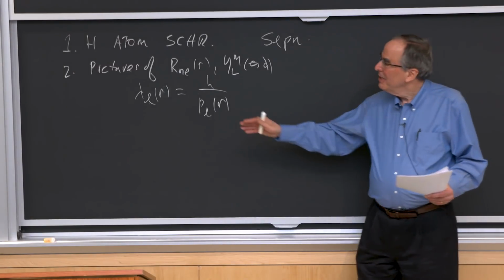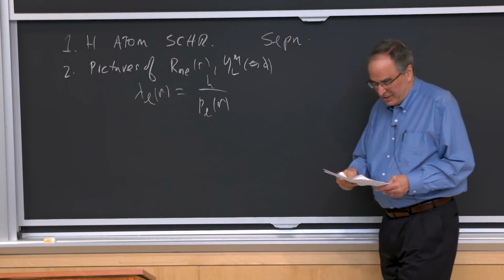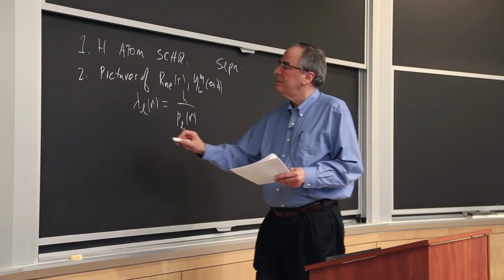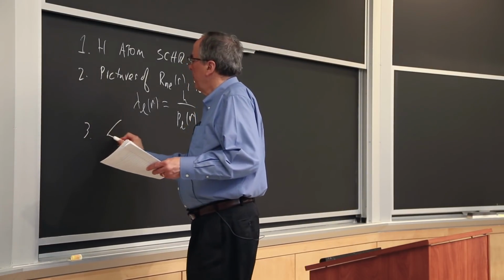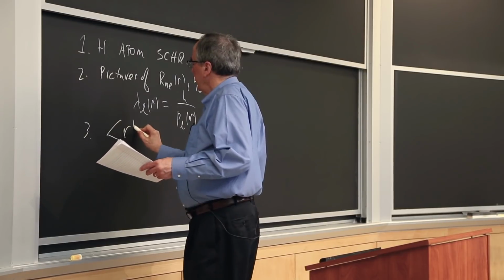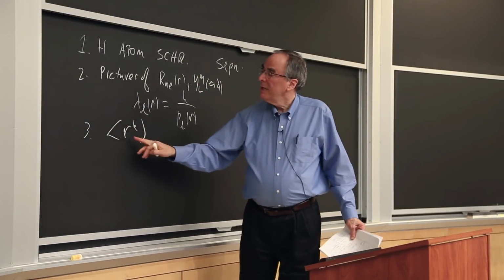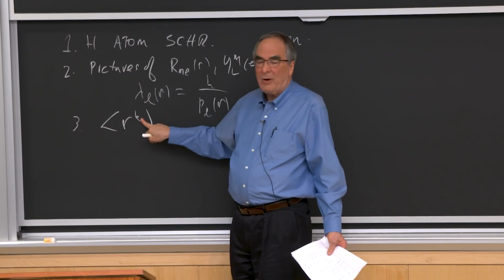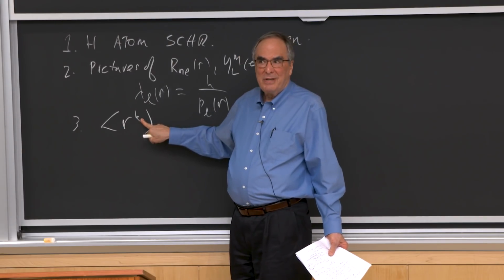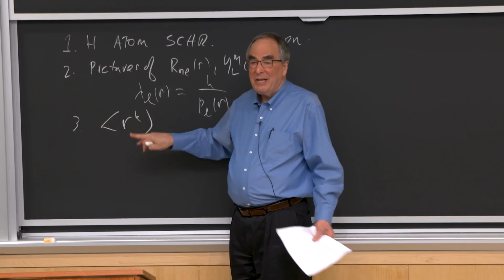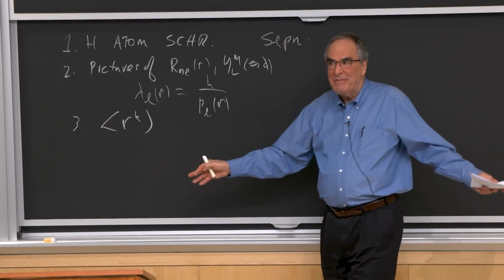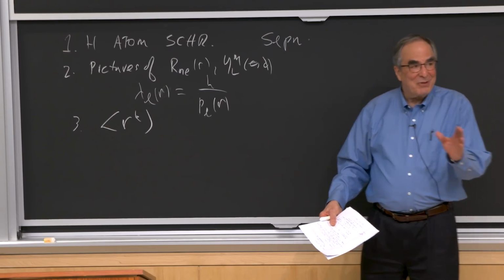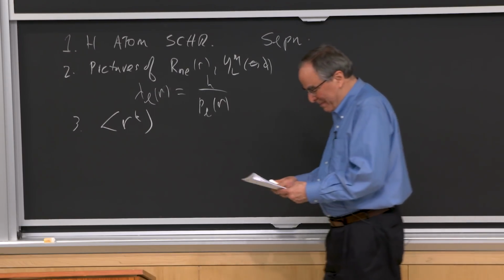You can make estimates that are incredibly important, and from that you can get expectation values and also off-diagonal matrix elements of integer powers of the coordinate. And that's an enormous amount of stuff that you can do. Now, you can't do it yet, but after Wednesday's lecture, you will.